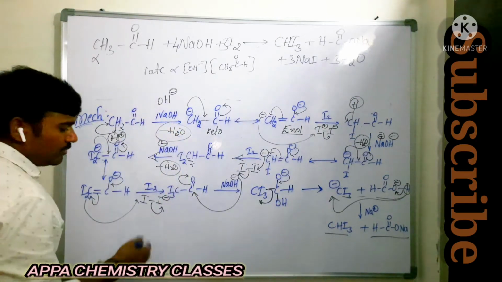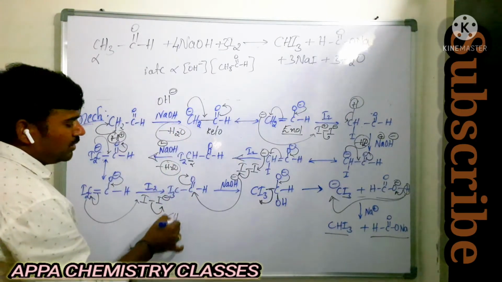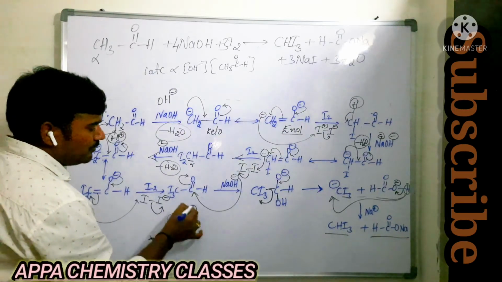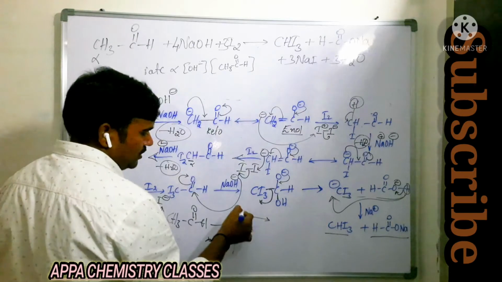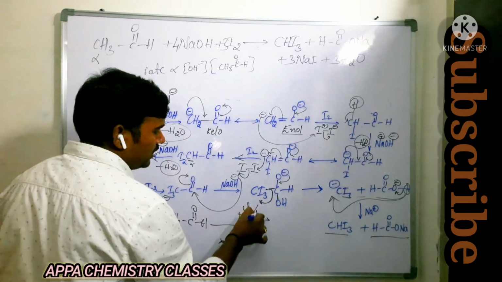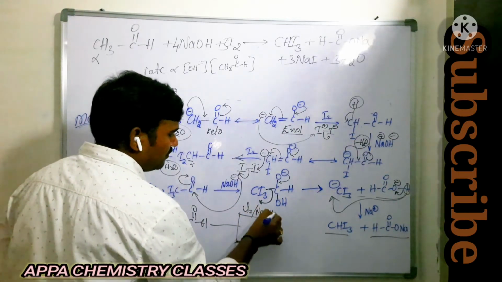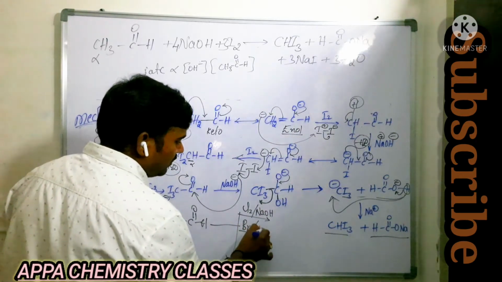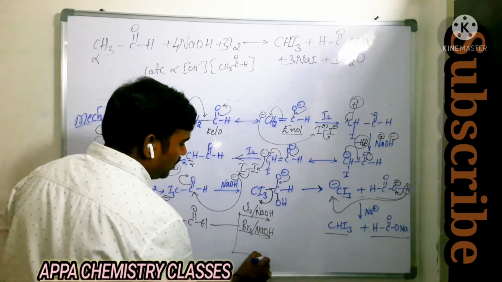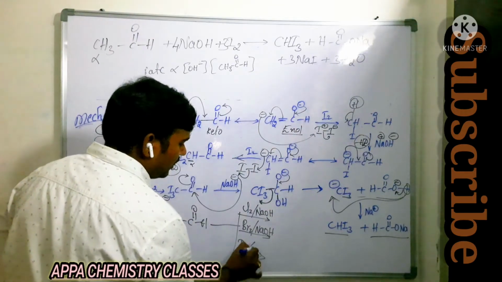Okay now, I will give you a simple example here. This is acetaldehyde, which is reacting with different halogens. You see here, chlorine reacts in the presence of sodium hydroxide, bromine reacts in the presence of sodium hydroxide, and iodine reacts in the presence of sodium hydroxide.